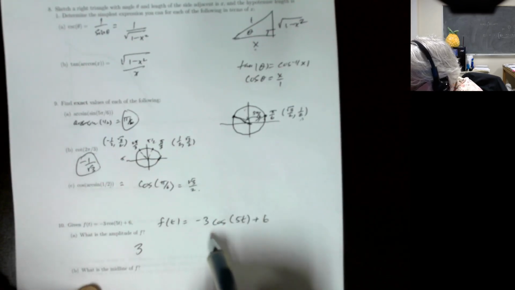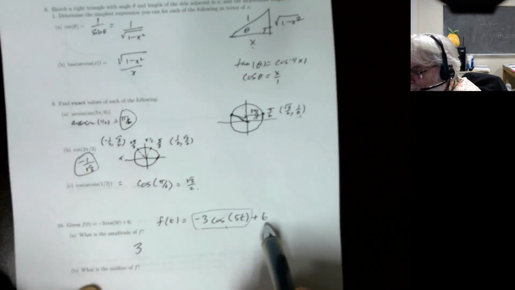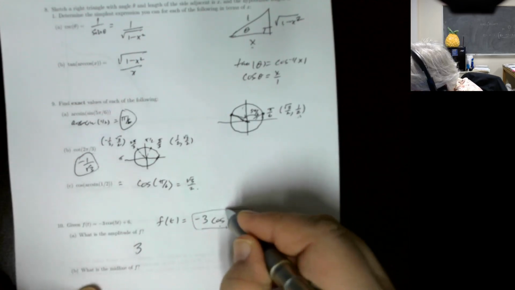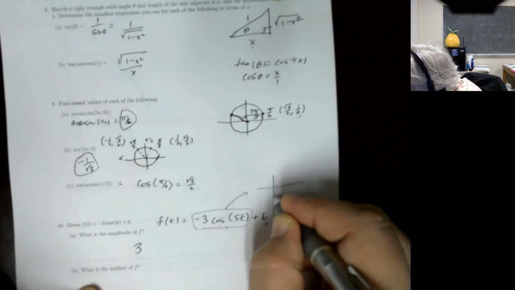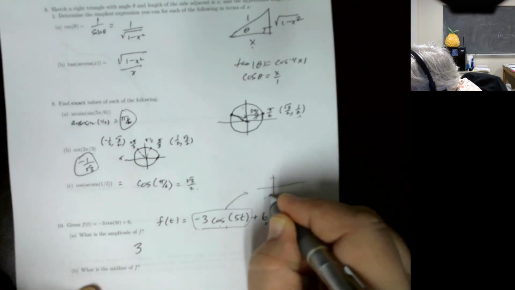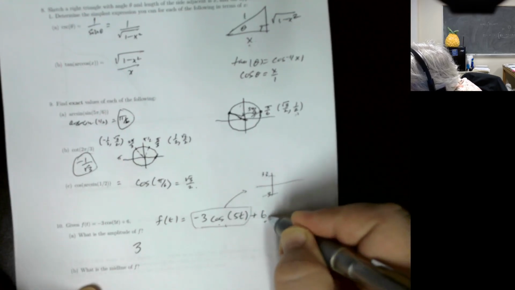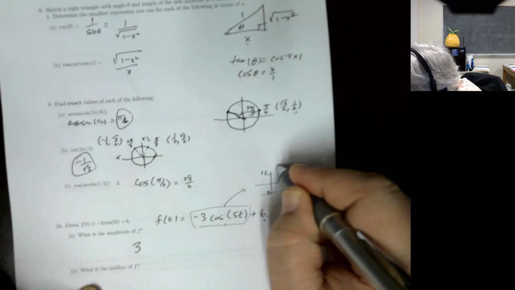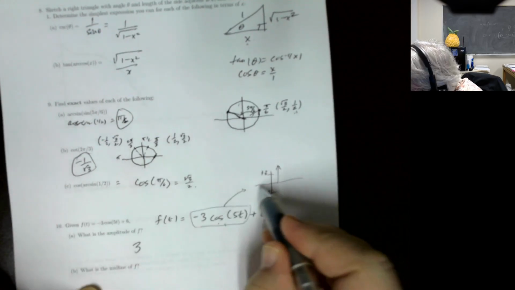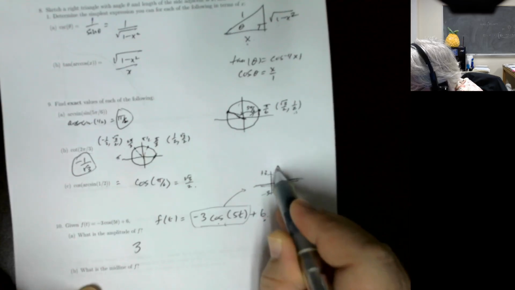So remember that this function by itself is going to oscillate between plus or minus 3. But then when you add 6, the entire thing goes up by 6 units. And so the 0, which was the original midline, also goes up by 6. So that's the new midline.